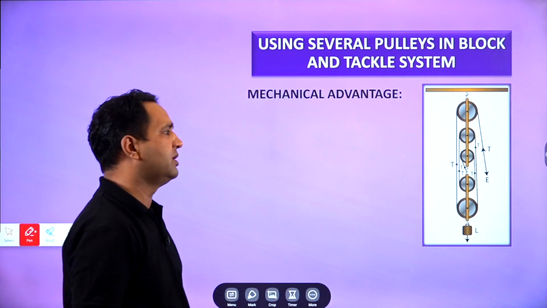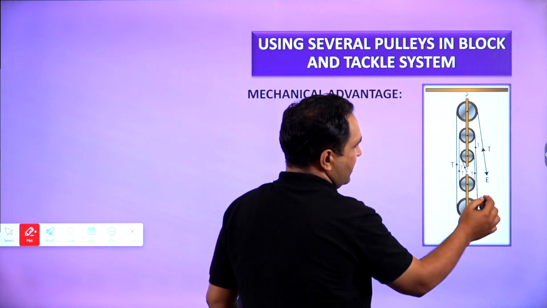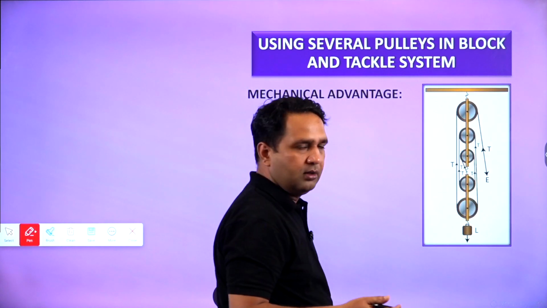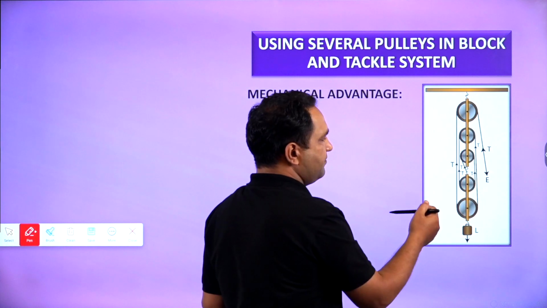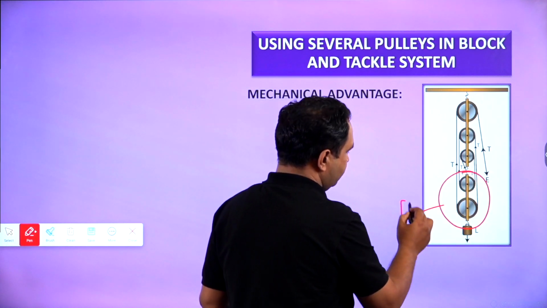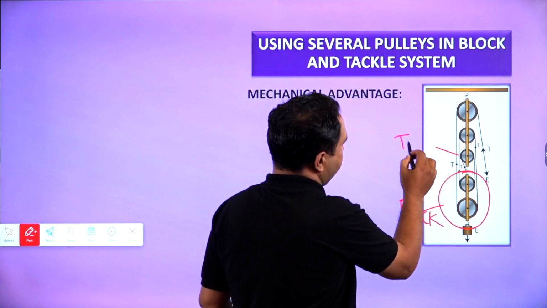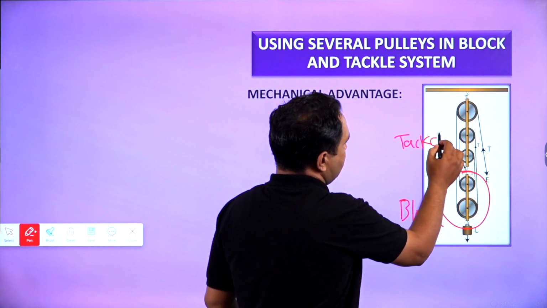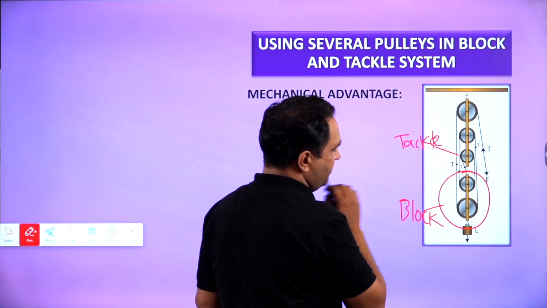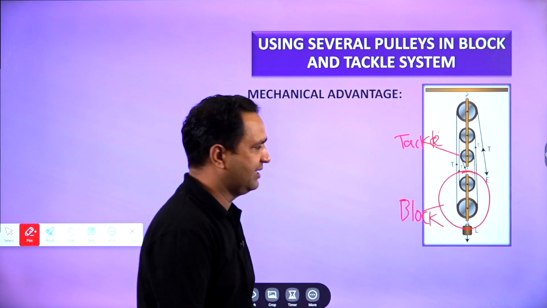Or in some of the books, it is written that the rope which we are using here is tackle and these fixed pulleys are block. These pulleys are block and rope is tackle, because this rope is tackling this block. Okay, so that is why it is known as block and tackle system.